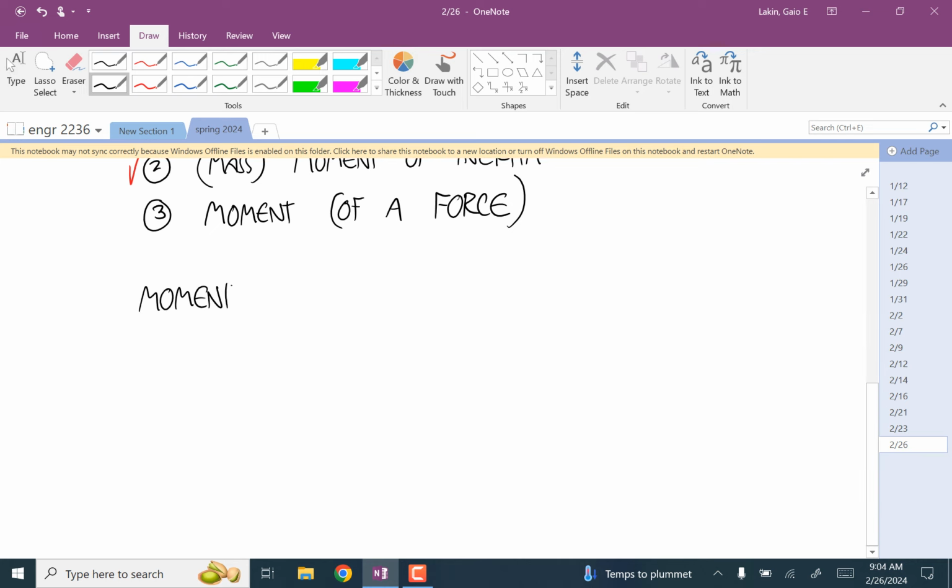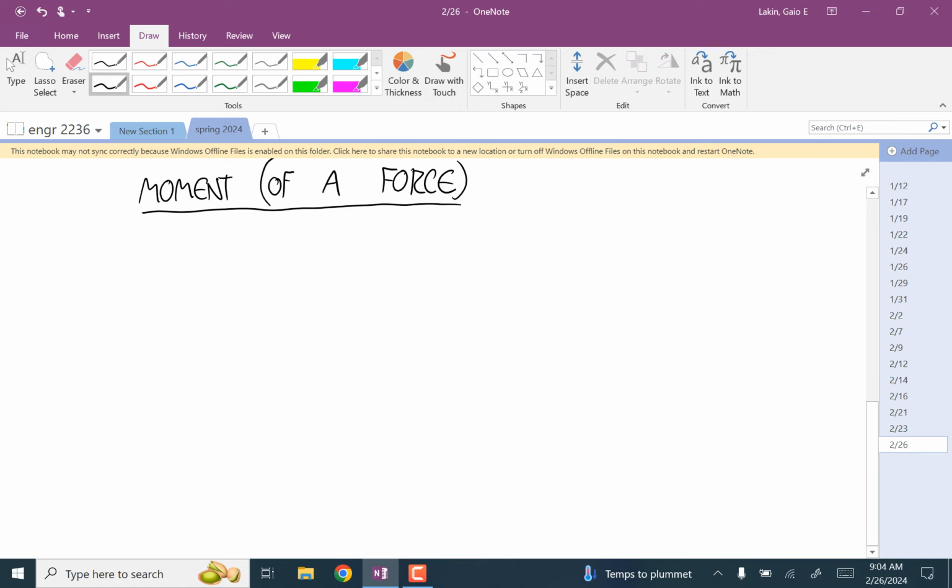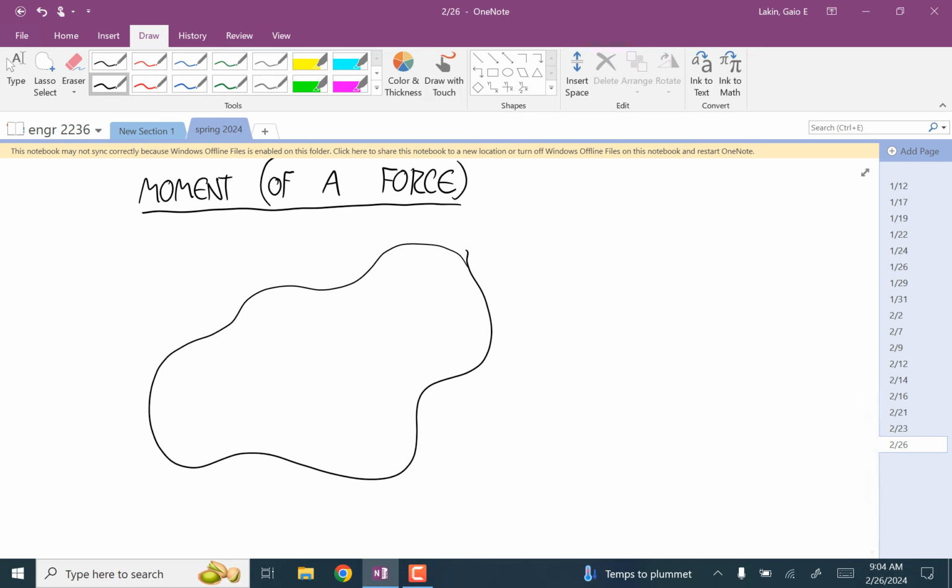So, okay, the moment of a force. Let's say that this is the body, and this sort of looks like maybe it's a 2D thing, but this definition is totally valid for 3D.